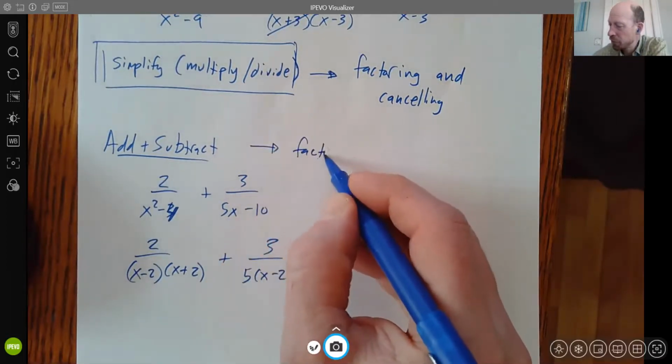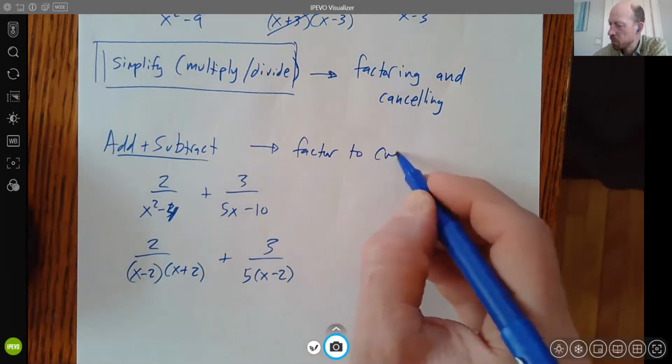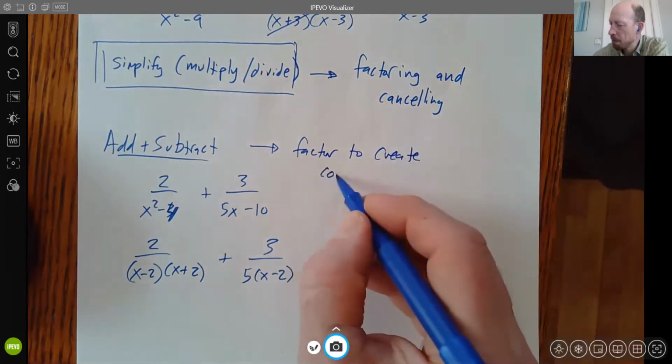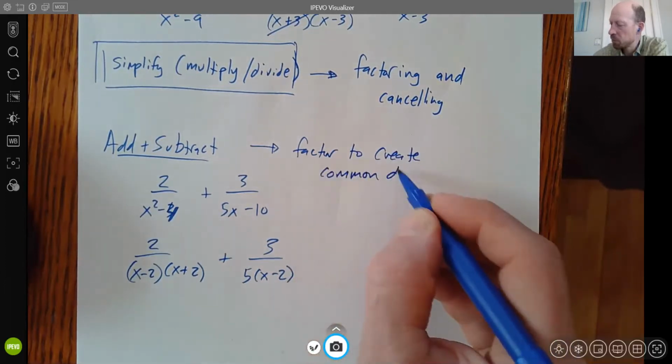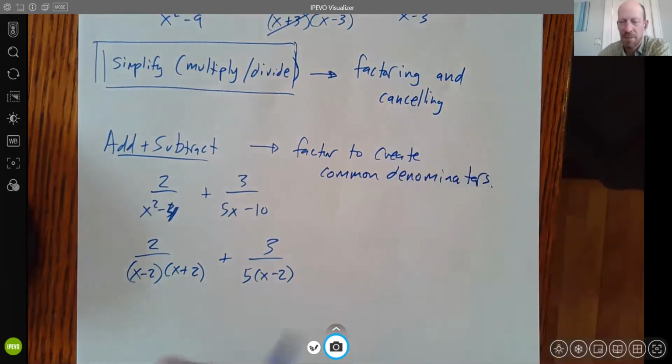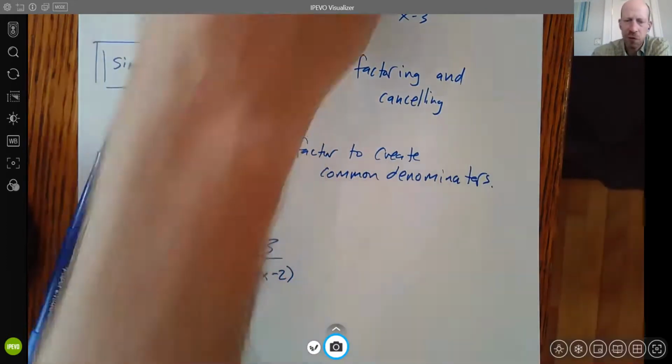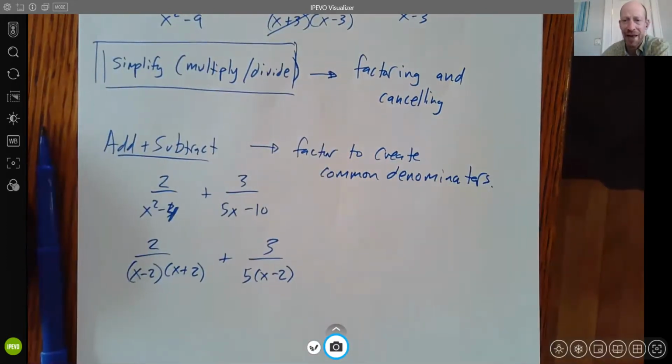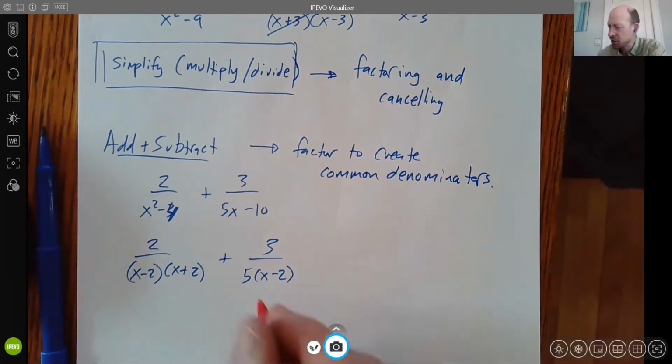So here we factor to create common denominators. And so what we do to create a common denominator is I have to introduce something new to this problem. So the previous problems, we didn't have to introduce anything new, but here to create a common denominator, I need something new.